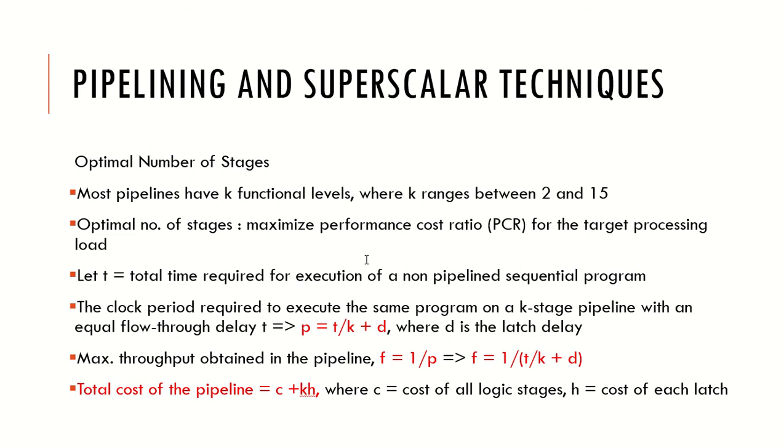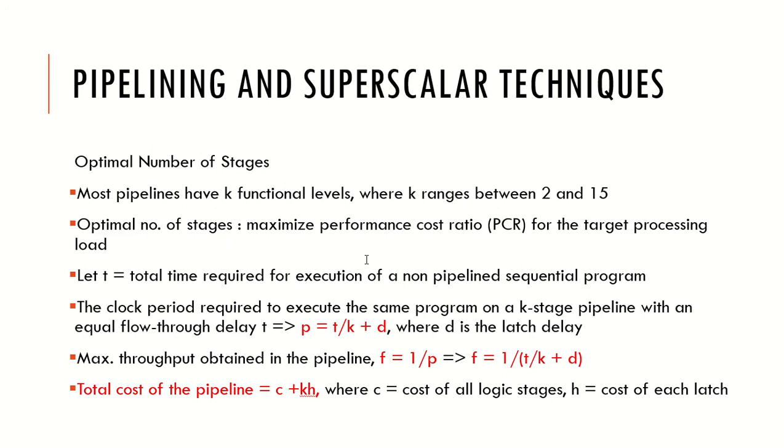So performance divided by cost should be maximized, which means maximum performance, minimum cost. If the number of stages achieves this maximum performance cost ratio, then you can say it is the optimal value for the number of stages of the pipeline under design.